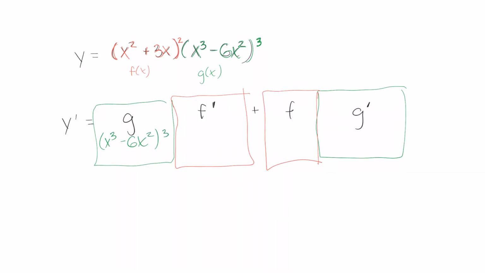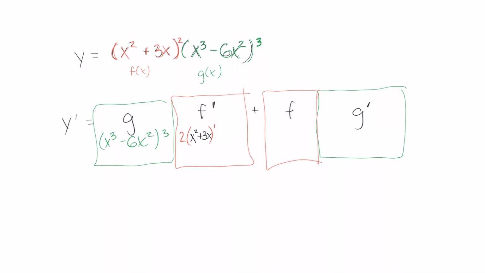F prime, I need to take the derivative of this, but I have to do chain rule. So I have this x squared plus 3x, squared. Well, what is the derivative of something squared? The derivative of something squared is 2 times that something, x squared plus 3x, times the derivative of the inside.